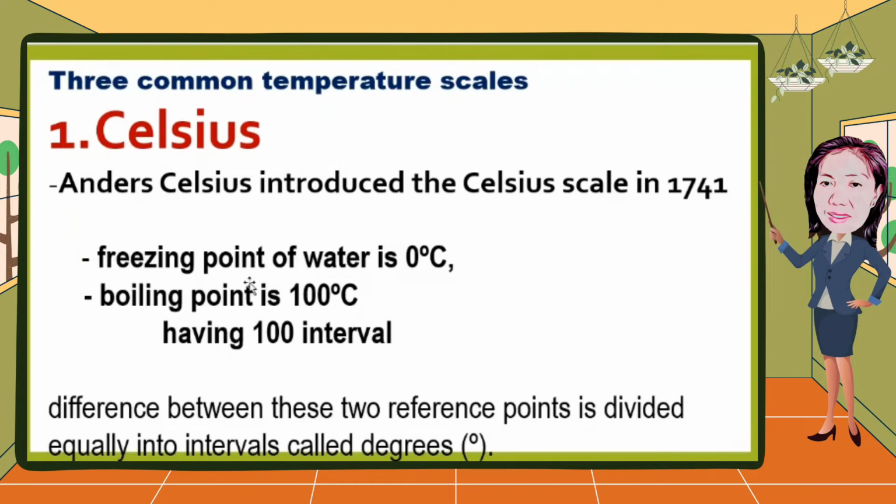The interval, when we subtract the boiling point, 100 degrees Celsius, by the freezing point, 0 degrees Celsius, is 100 degrees. This difference between the temperature reference points is divided equally into intervals, and that is what we call degrees.